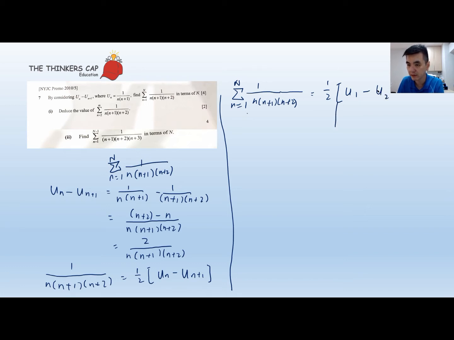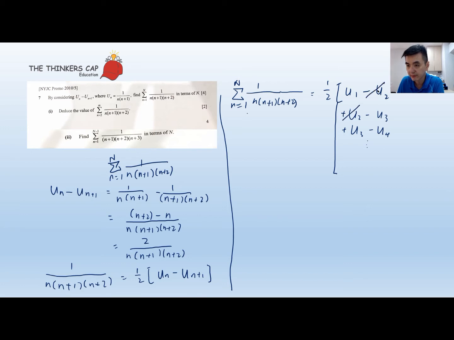I can continue to write the series. The next term will be, when n equals 2, u2 minus u3. The next line will be u3 minus u4, and so on and so forth. And you realize that there are some terms, u2 and minus u2, that will cancel out each other.